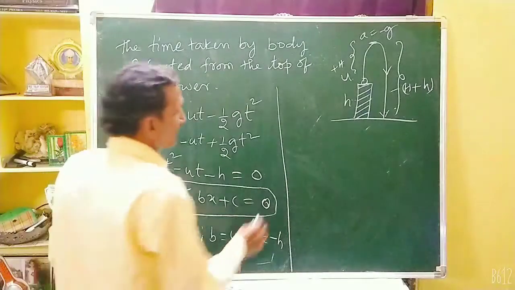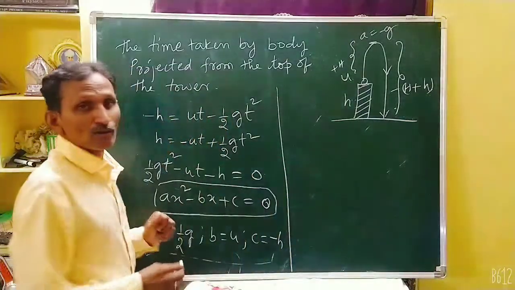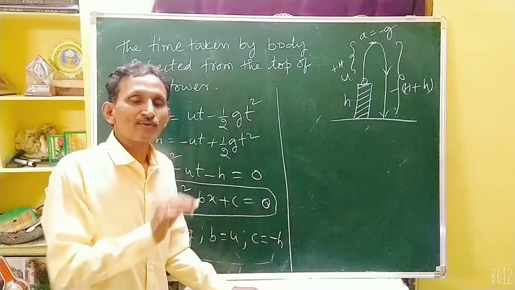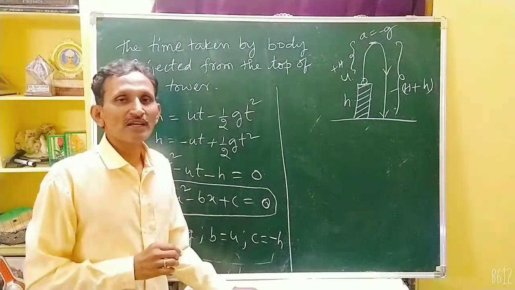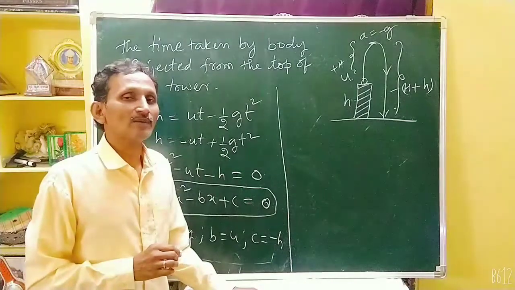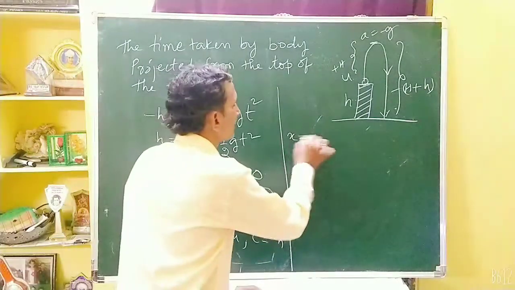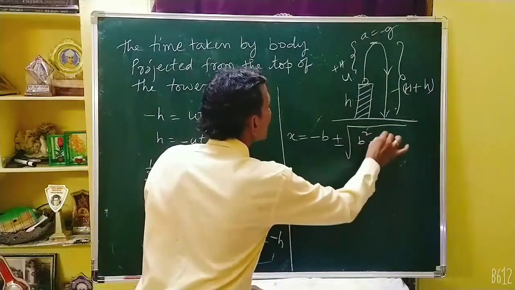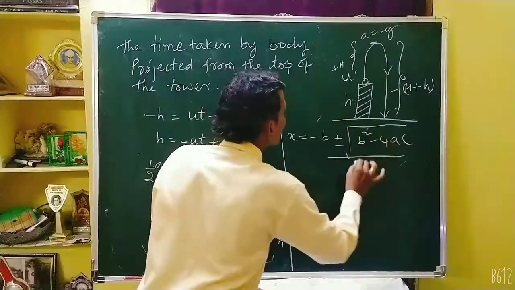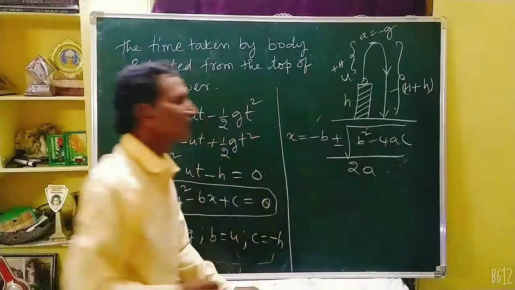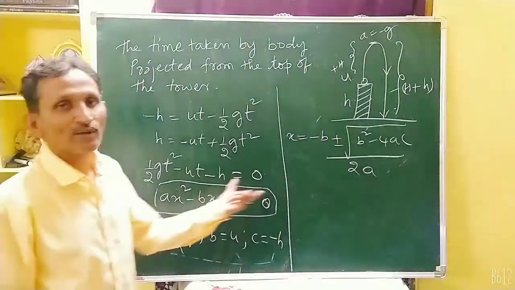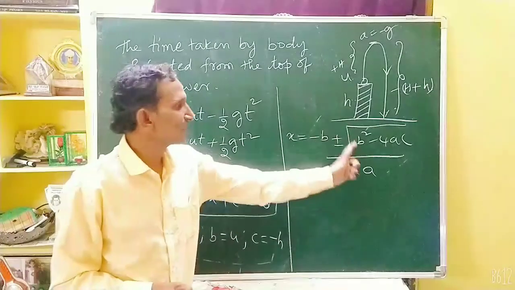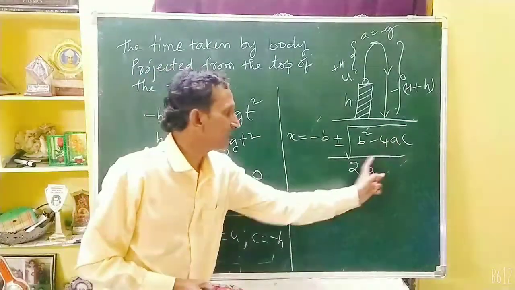What is that formula? x is equal to minus b plus or minus under root of b square minus 4ac by 2a. That is the standard mathematics formula for the quadratic equation to find the roots.